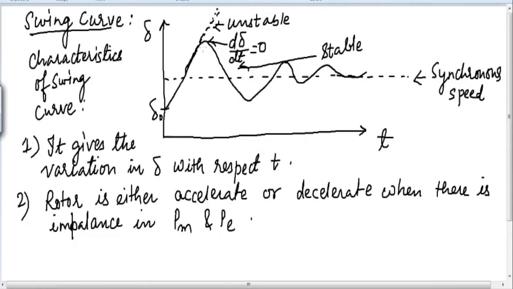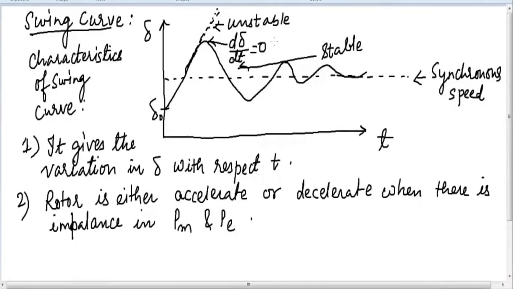After the first peak, if the graph is going in the downward direction, then we say that our system is stable. So this is what we understand from the graph of delta and t. This graph is obtained once we solve the swing equation. Once we solve the swing equation, only then will we get the relation between delta and t.